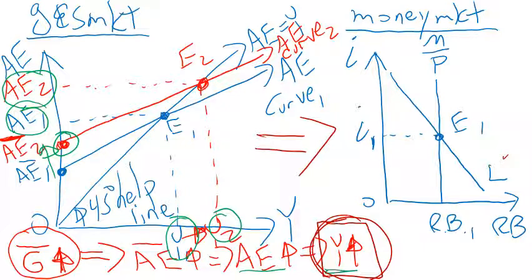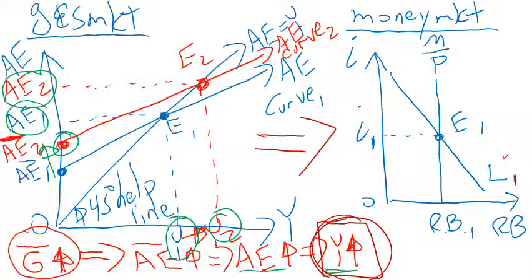Well, an increase in government spending indeed causes an increase in money demand. So money demand will increase because now the government is in competition with the other actors for the liquidity. So that increases money demand. So money demand would move rightward.